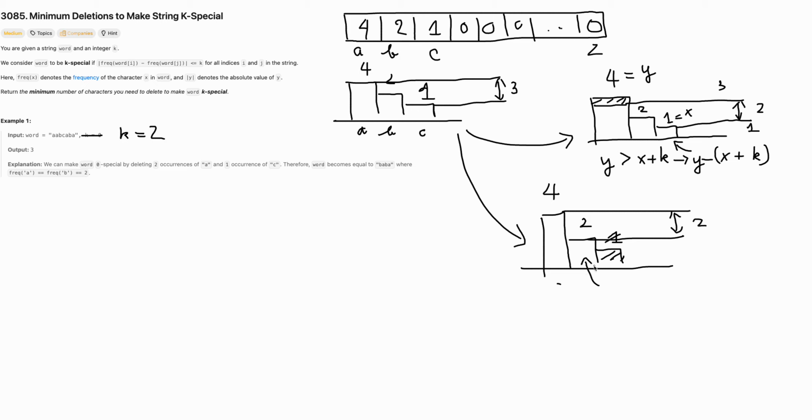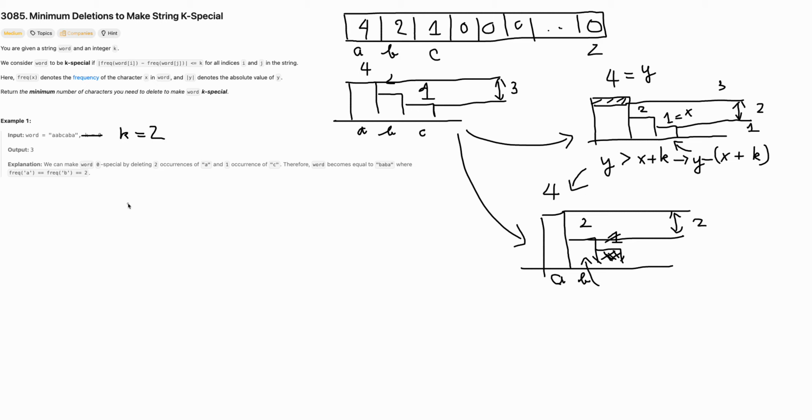It means that any pile can be the lowest frequency one. Okay, so for example in this case, what if B is the lowest frequency character, and then anything smaller than B we need to delete. And then we apply the same logic to A when we compare A and B.